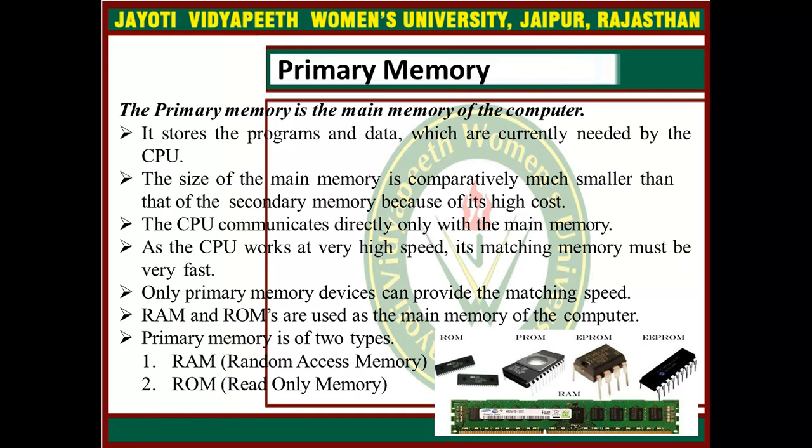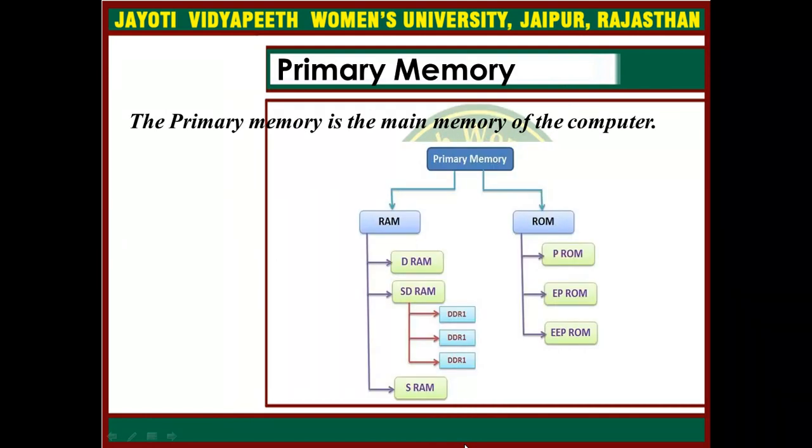You can see here in this picture, this is the ROM, this is PROM, EPROM and EEPROM. Now the primary memory is basically divided into two parts, RAM and ROM. RAM is further divided into DRAM and SDRAM. In SDRAM, D means dynamic.